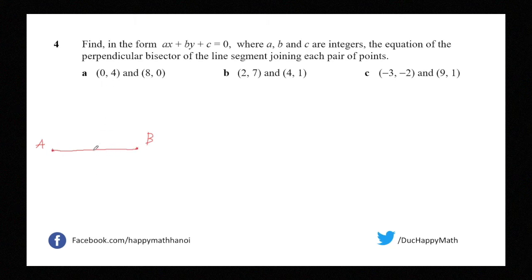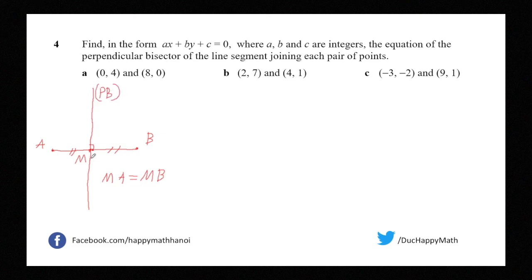Perpendicular bisector means you draw a new line perpendicular to AB that passes through the midpoint of AB. The midpoint of AB is the point with the same distance from each end of the segment. For example, MA has to equal MB, and the line here is the perpendicular bisector.